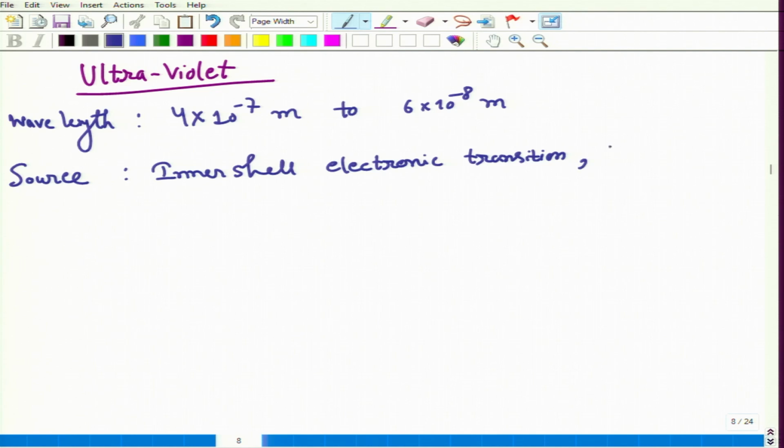Or also the sun, the rays from the sun, that is also the main source for UV rays. Okay. Detection.